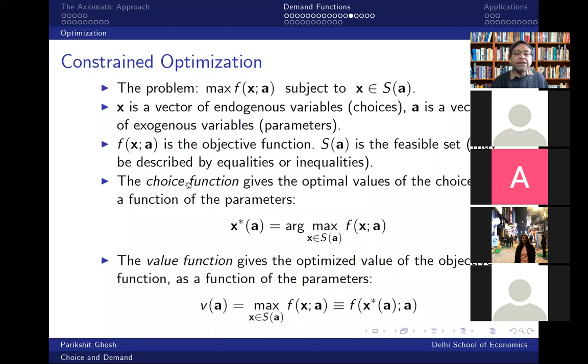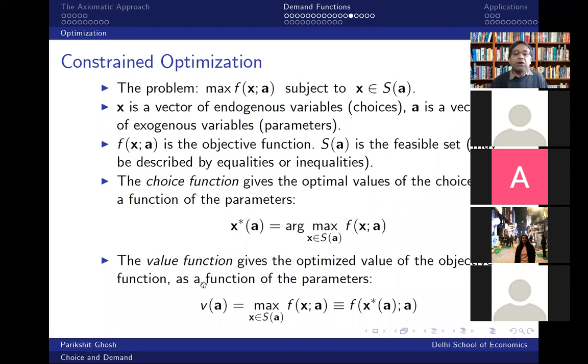It is those values of the choices which will solve our maximization exercise, for each set of parameters, for each vector A. That's the choice function. Choice function is the more general concept. Demand function is the choice function of the consumer's problem.